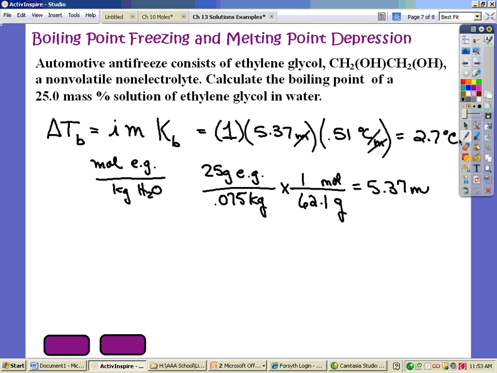So now that tells me that my boiling point is going to change 2.7 degrees Celsius. You have to be smart enough to know, it's a boiling point. I got an error here. This is boiling point elevation, huh?